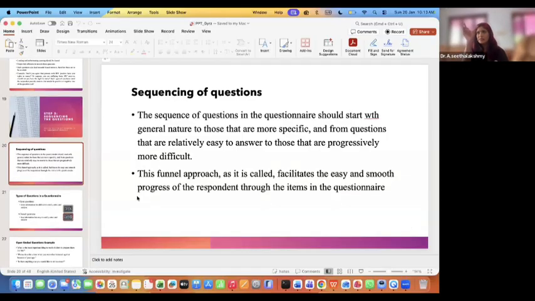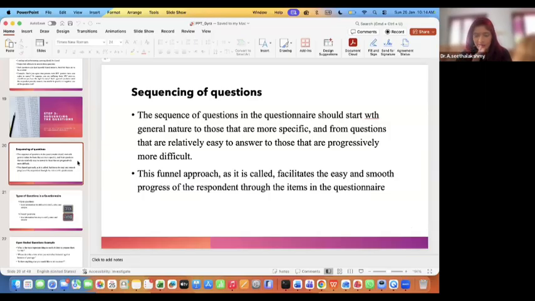That is the method, and slowly move on to the complex ones, step by step, you need to grow. So put up simple, easiest questions first, so they keep going, and slowly it progresses. This is what we call the funnel approach, and generally we need to make sure this is there in any questionnaire.